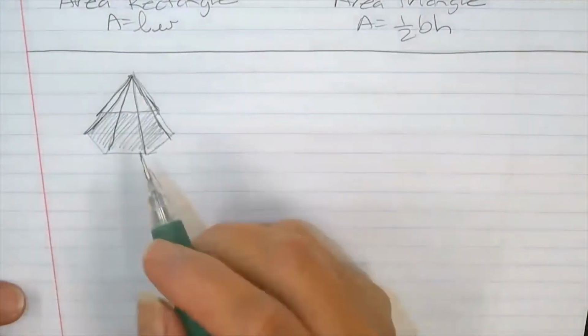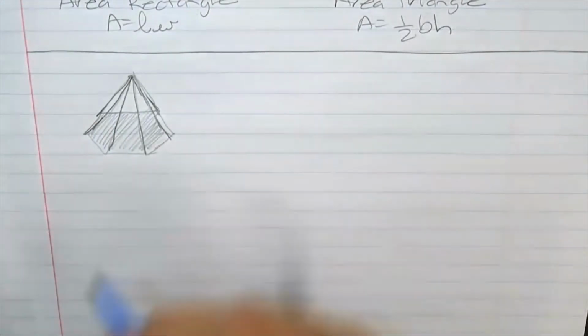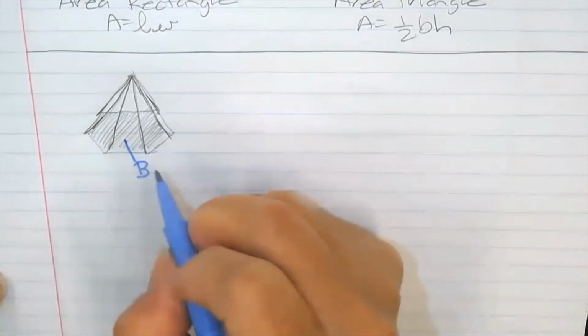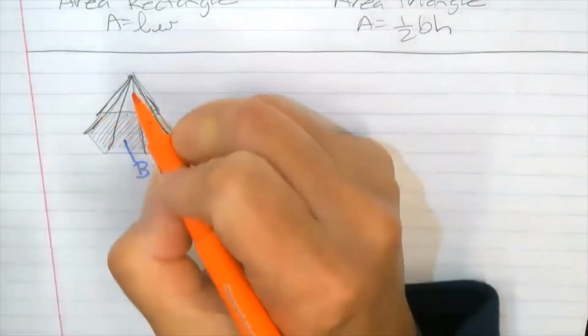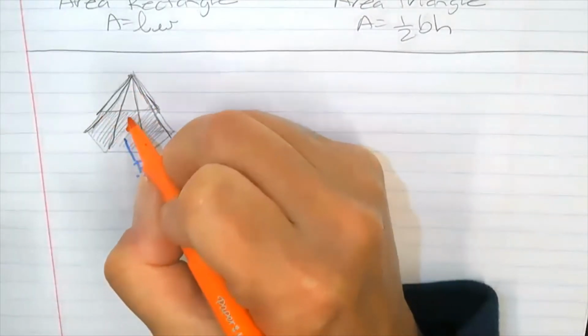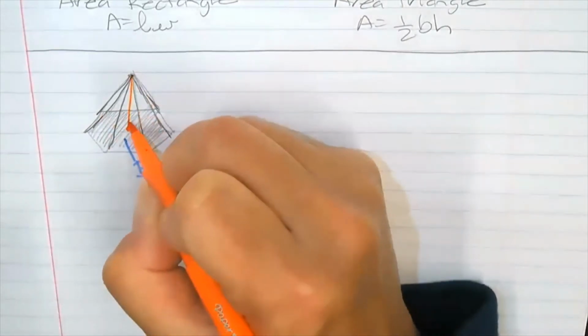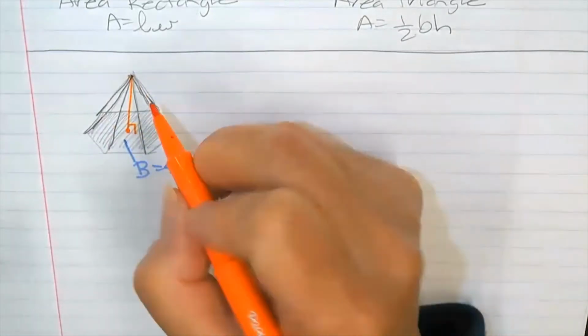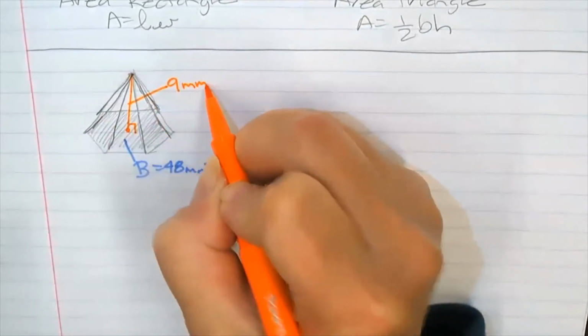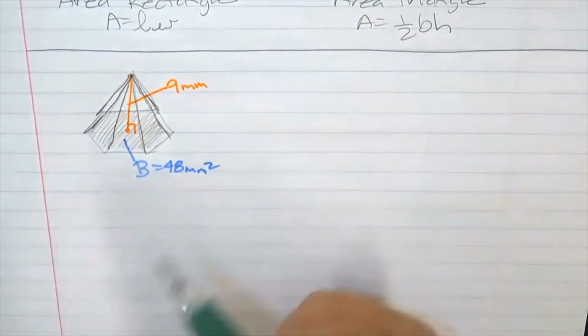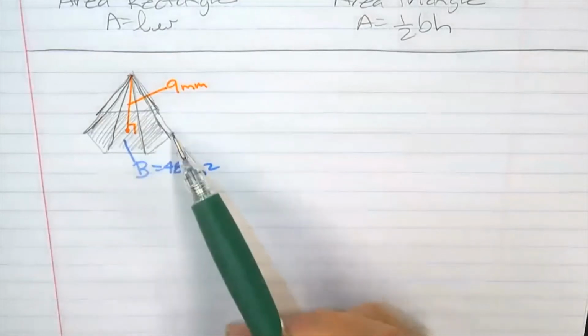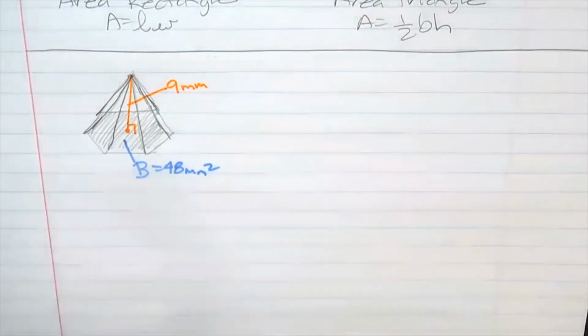And they're telling me that the base is 48 millimeters squared. And the height is from the center of the base to the tip of the pyramid. It's always a right angle, 9 millimeters. So they're giving me this pyramid, and it looks like the base has 1, 2, 3, 4, 5, 6 sides. So this looks like a hexagonal pyramid. The base has 6 sides.